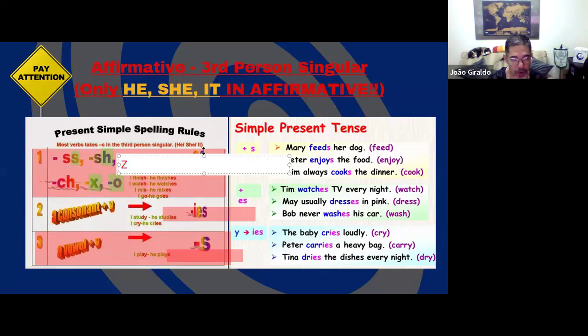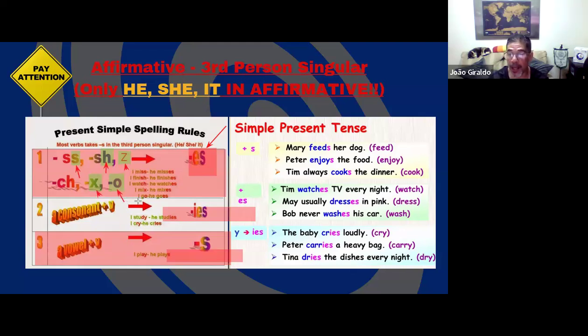So letter Z also transforms in verb variation. Okay, and in this case, people, when we have verbs finishing in S, H, X, Z, or O, we add to the verb ES. Remember, only in affirmative, only in verbs finished in S, H, Z, X, or O.